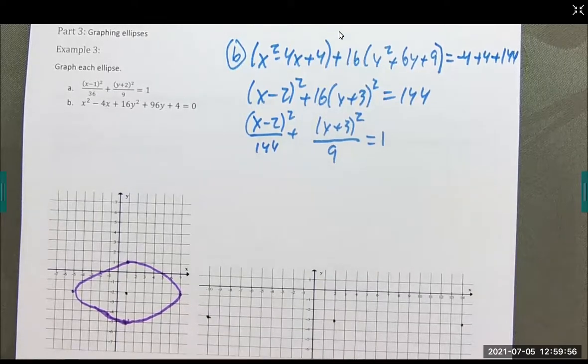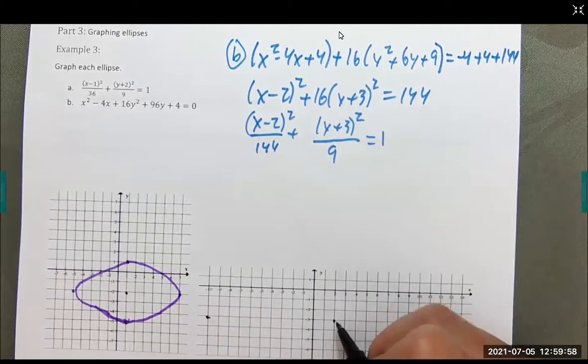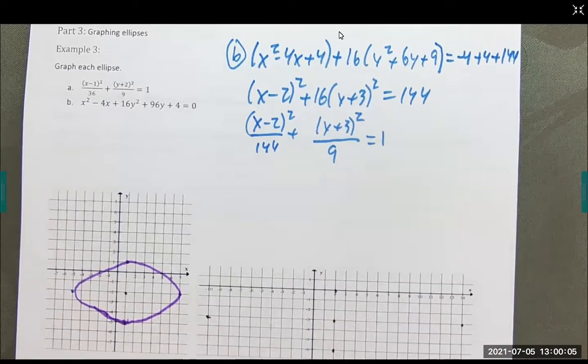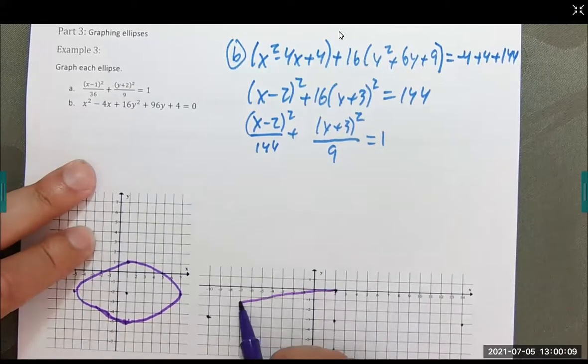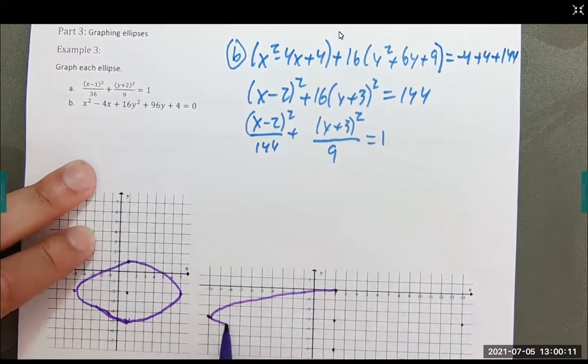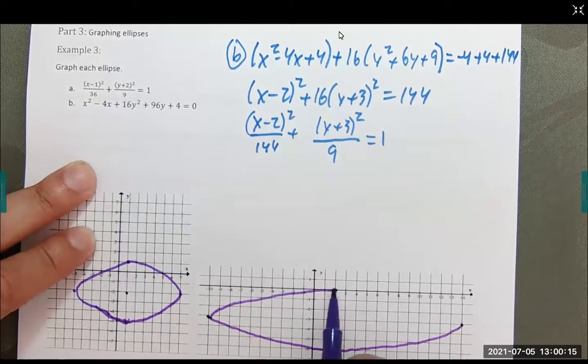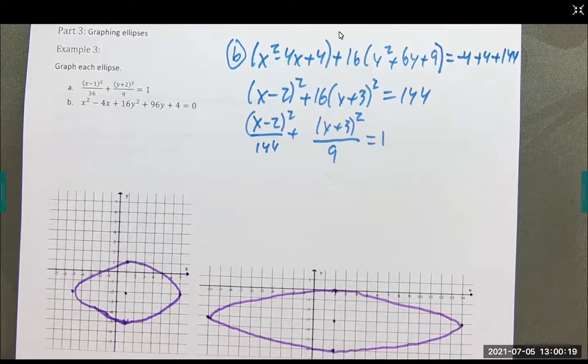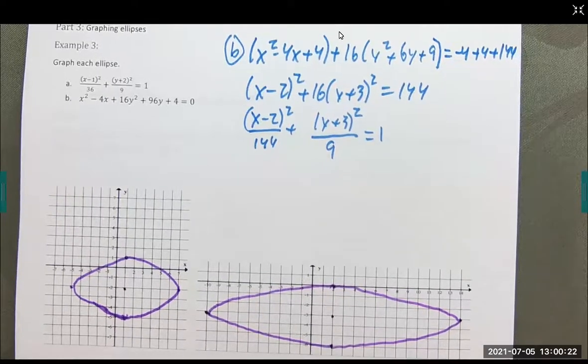And up and down, we are going 3, 1, 2, 3. So let's see what our ellipse looks like. A little pointy at the end, but we get the idea. All right.